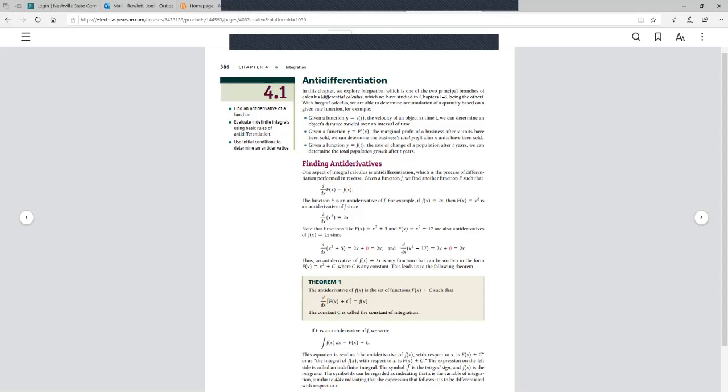in terms of physics. And if you look at the top of page 386 here, it says, given a function y is equal to v of t, the velocity of an object at time t, we can determine an object's distance traveled over an interval of time.